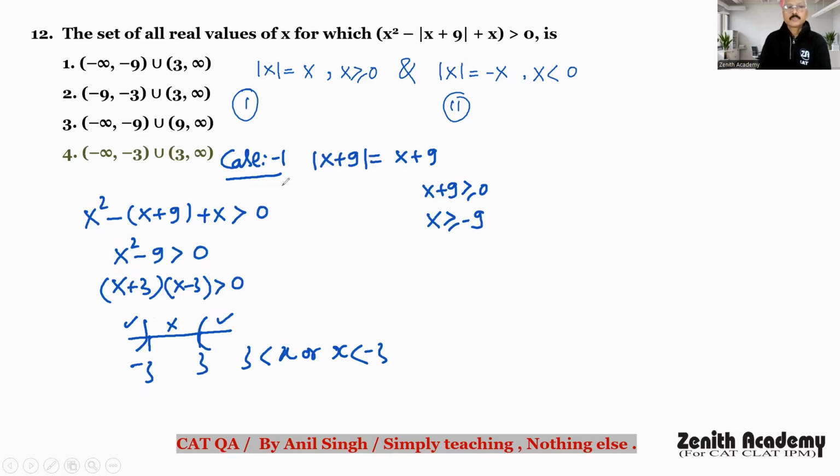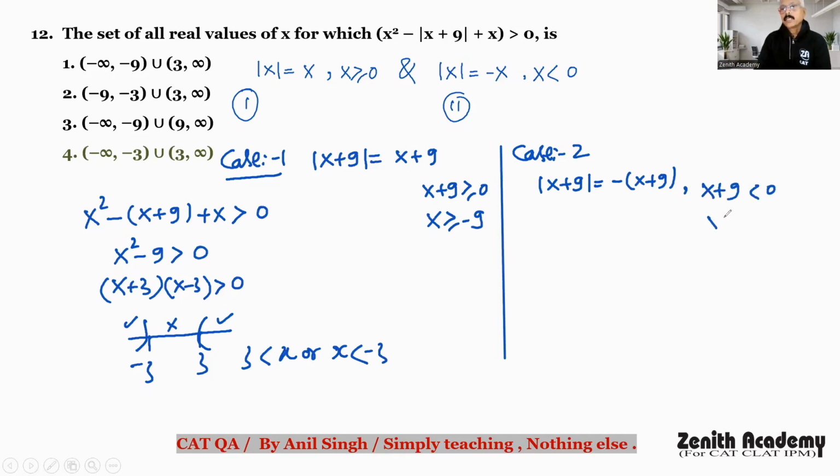In case 2, mod of x plus 9 is minus (x plus 9), where x plus 9 must be less than 0, which means x must be less than minus 9. So put mod of x plus 9 is equal to minus (x plus 9) here.